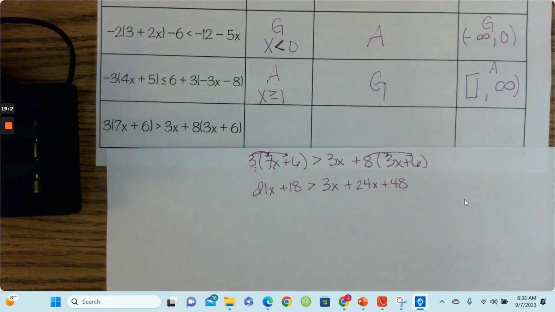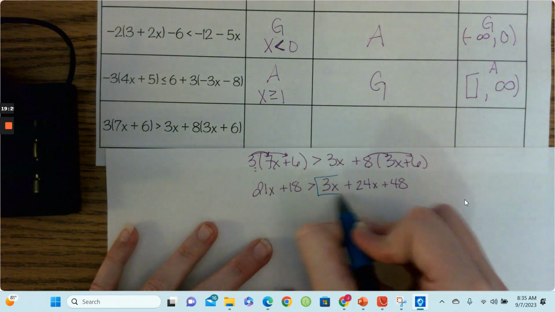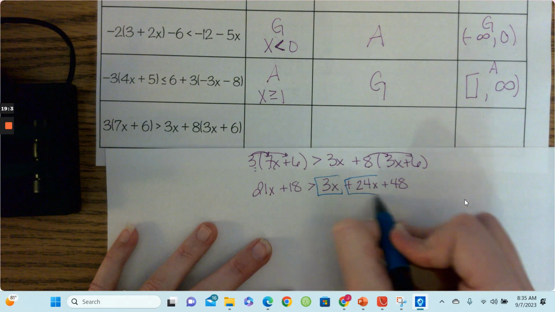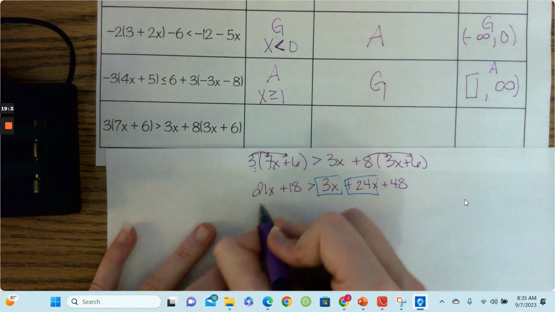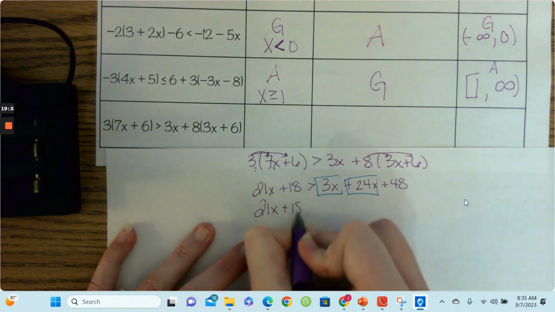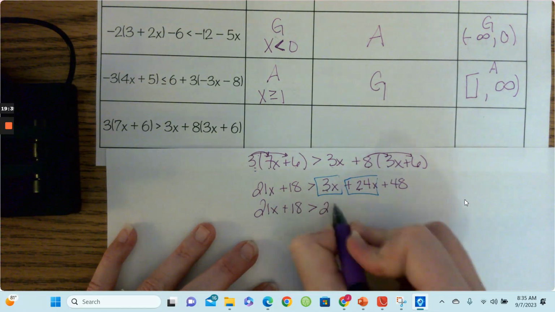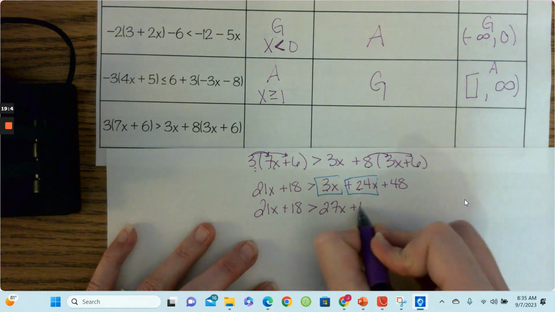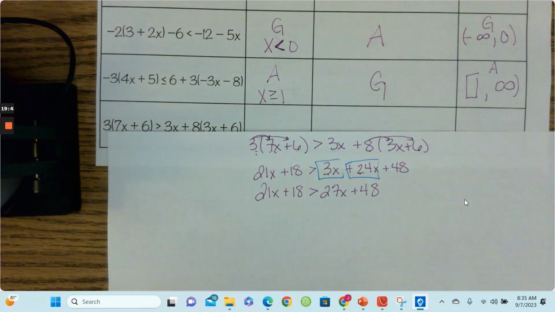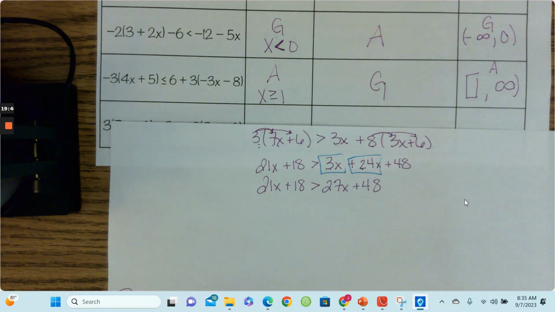The last one we had to group plain old numbers. This one we've got to group those x's first. So 3x and 24x makes 27x. All right, get our x's together. Which one do we want to move? 27, okay.